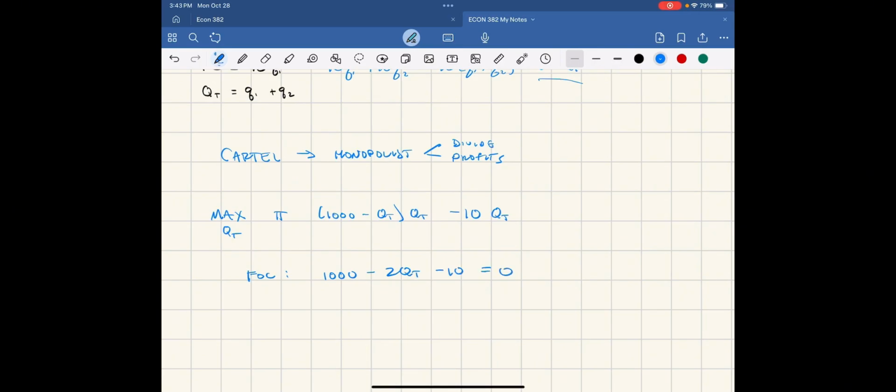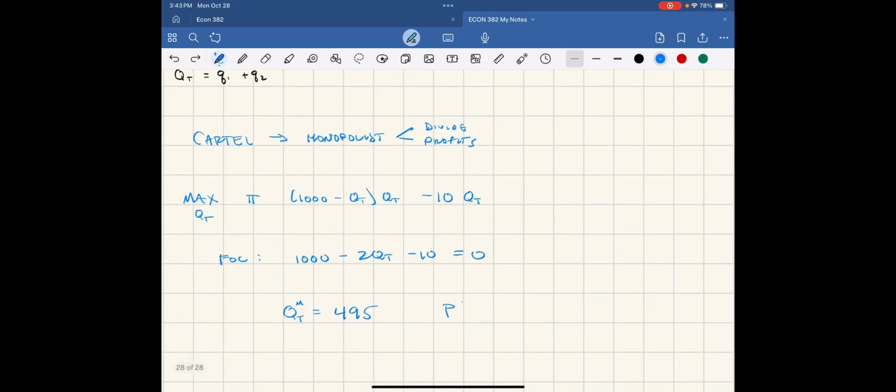We solve for QT, and QT for the monopolist is going to equal 495. We plug that back in, so the price for the monopolist is 505.